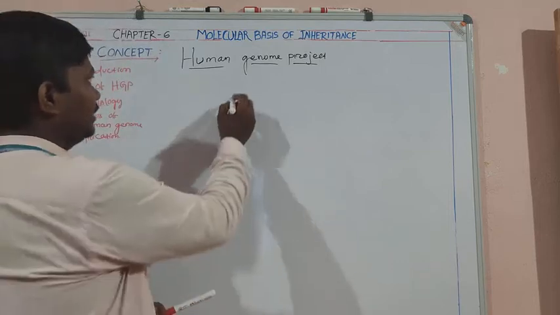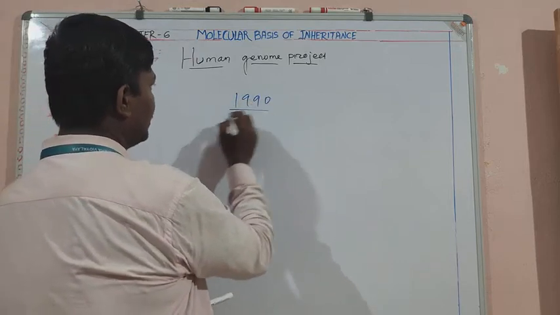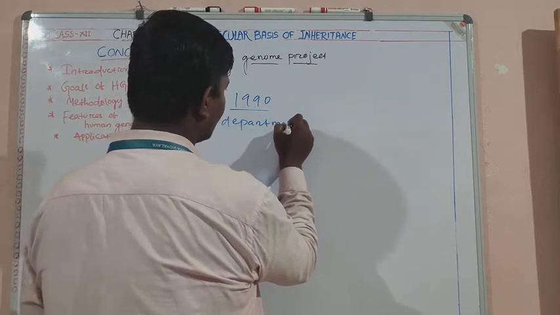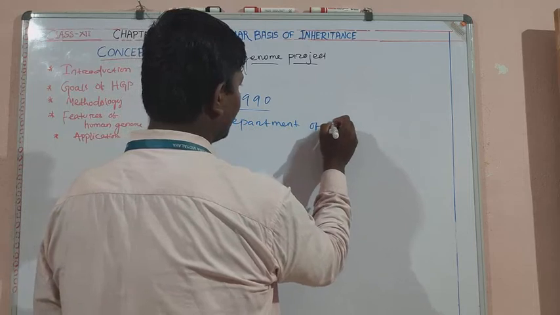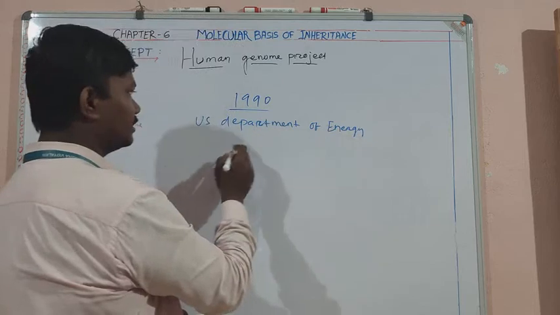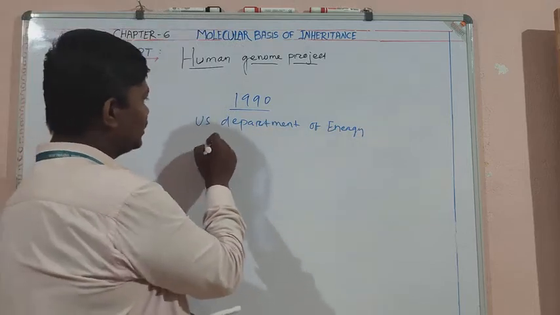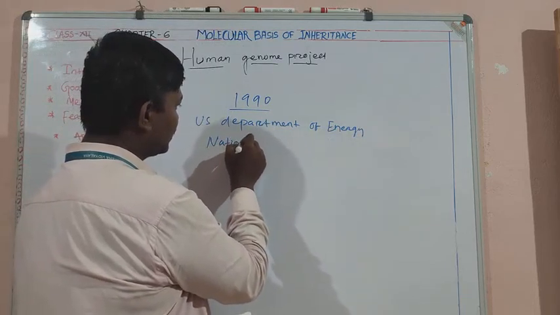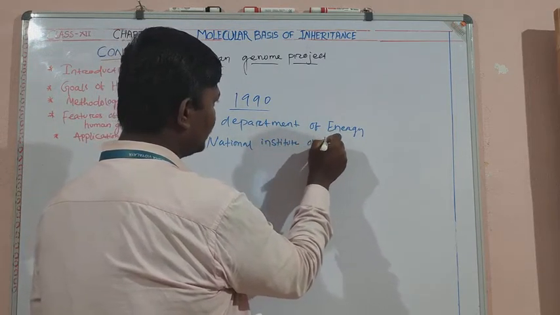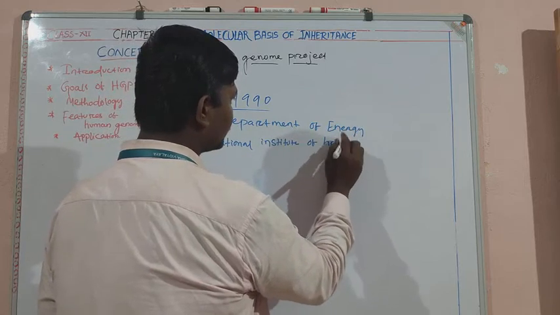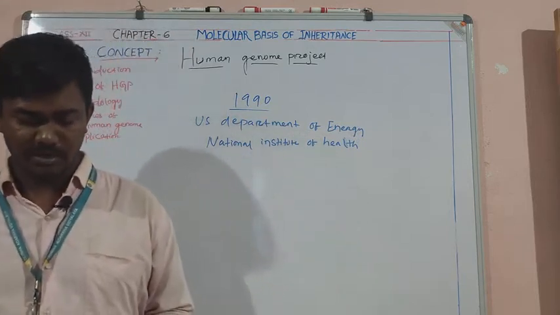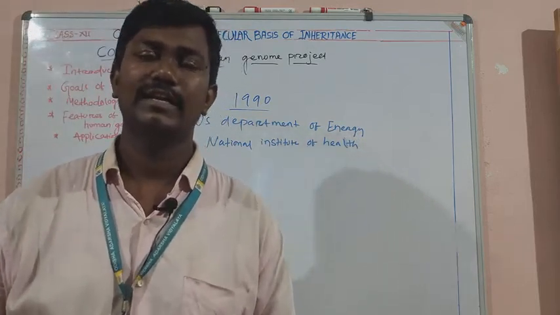In 1990, the US Department of Energy with National Institute of Health had started a mega project which is popularly known as Human Genome Project or HGP.